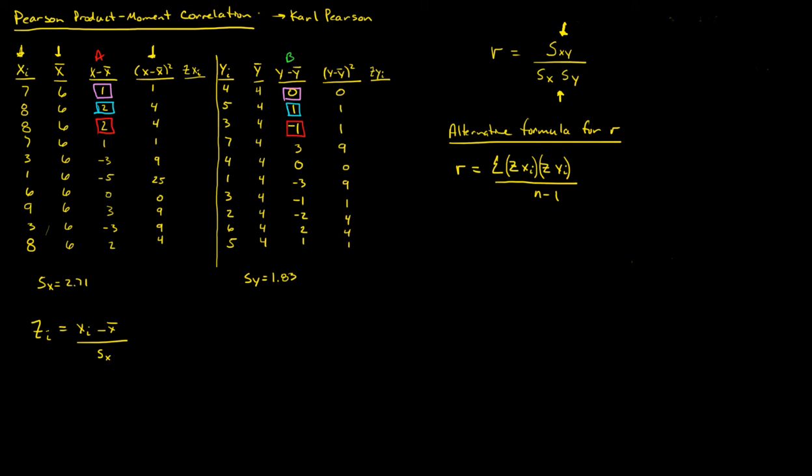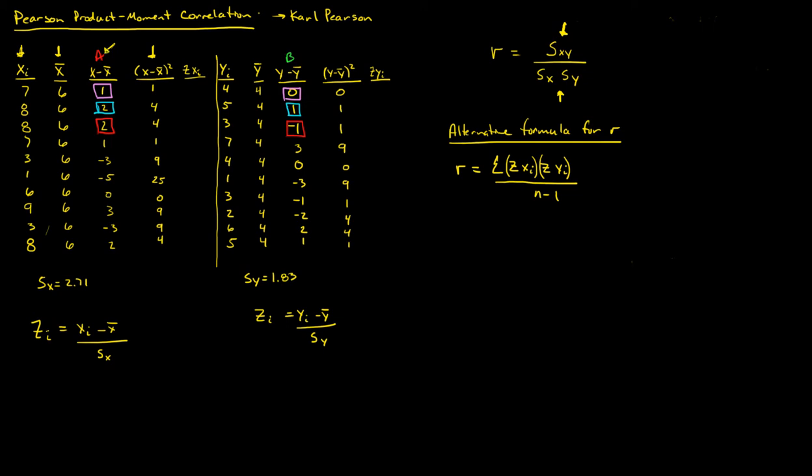And for any of the y i's, it would be y sub i minus y bar divided by the standard deviation of the y variable. Quickly, x minus x bar is column A up here, denoted by red.